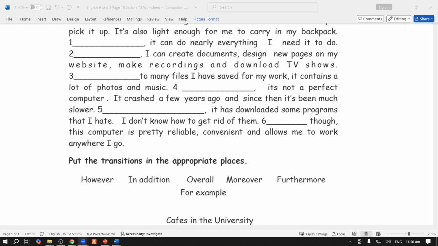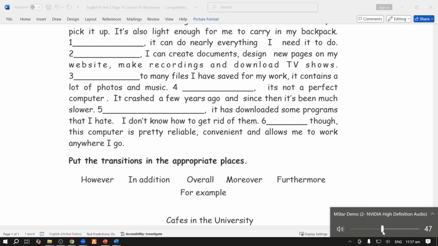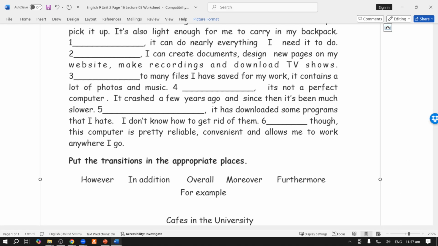So Al Said education system is willing to. Yes, Al Said. Is there anyone who is going to answer? However. So let's read. However, it can do nearly everything I need it to do. So students, does it seem appropriate?